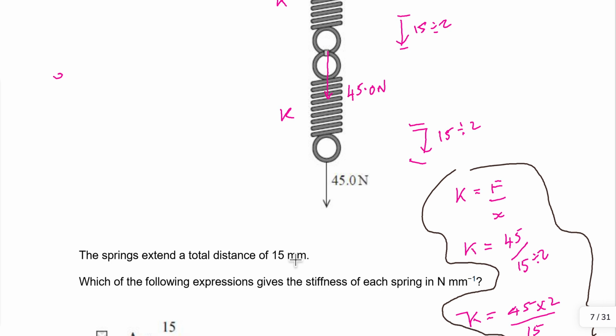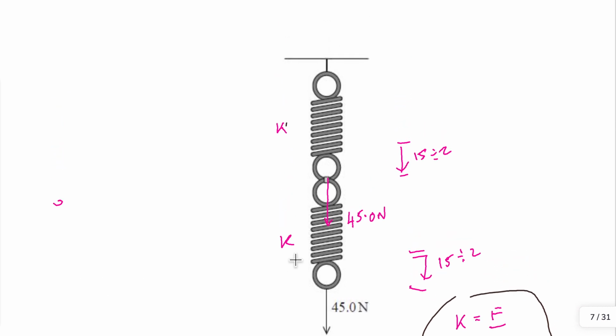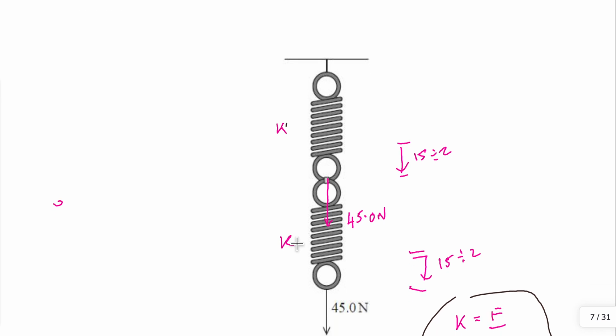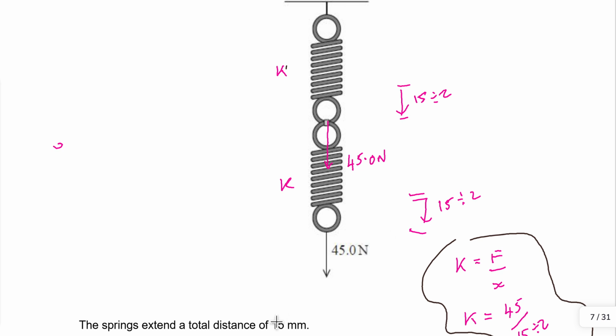Now, because they have said in the earlier part of the question the springs are identical, the force constant, i.e. the stiffness, in both of the springs is the same, and because they extend overall by 15 millimeters, the sum of the extensions of the two is 15. That means that the first spring will have extended half of 15, and the second spring would have extended half of 15 as well.